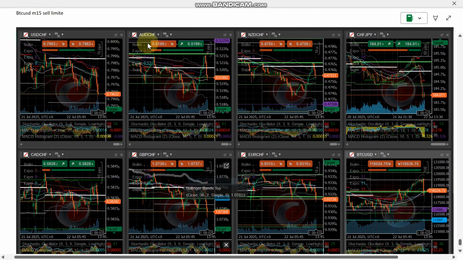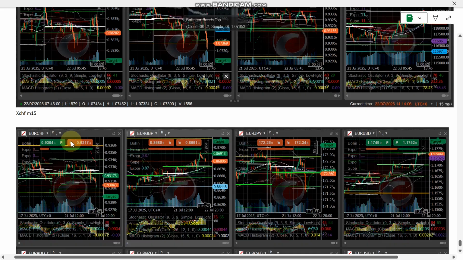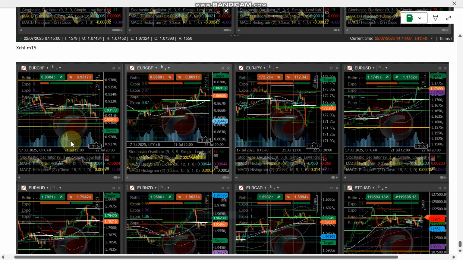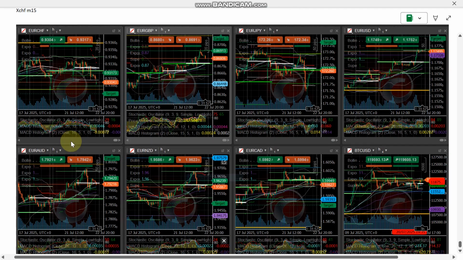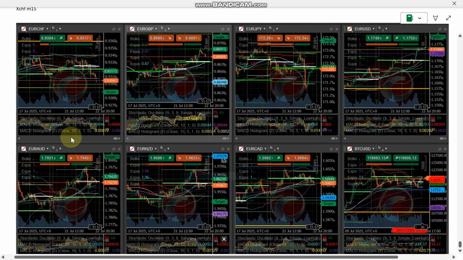Swiss franc, Aussie Swiss franc, all this Swiss franc in 15 minute sequence. So US Swiss franc drop, AUD CAD Swiss franc drop. Swiss franc is strong from this chart. Go up to 1 hour. Euro Swiss franc, GBP Swiss franc, in the Euro across the board.